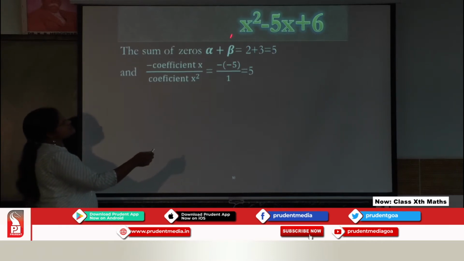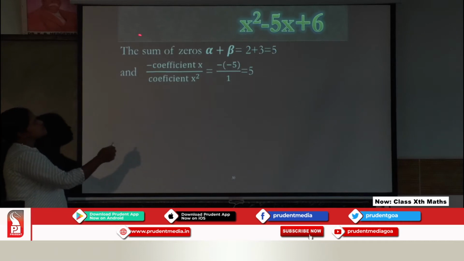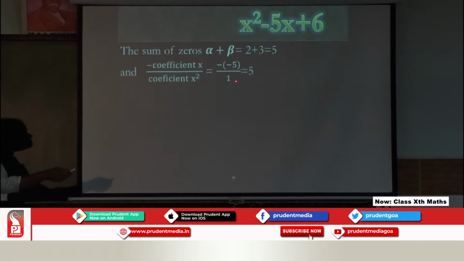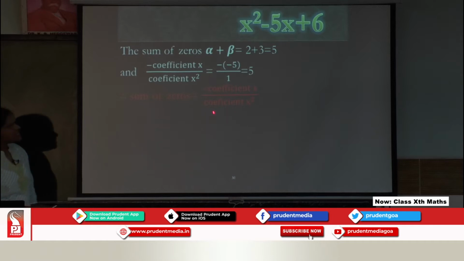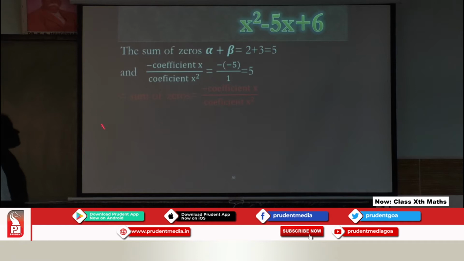What is the coefficient of x square here? It is 1. So, negative into negative, positive 5. So, I get both answers the same. That means the sum of zeros is verified. That is, the sum of zeros is equal to negative coefficient of x upon coefficient of x square. So, the sum of zeros is done.